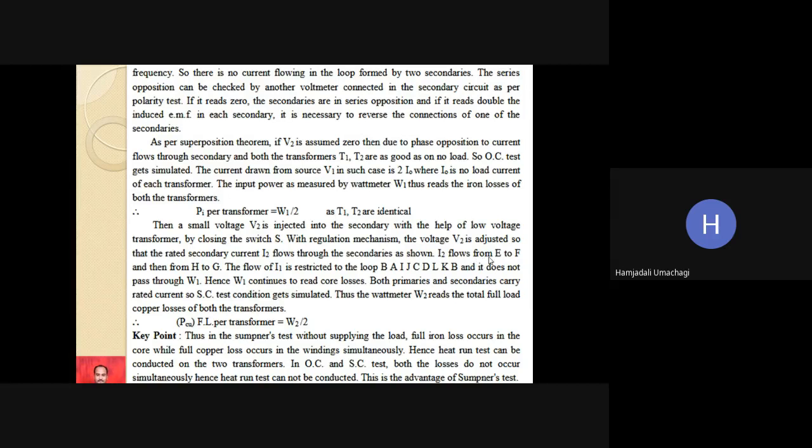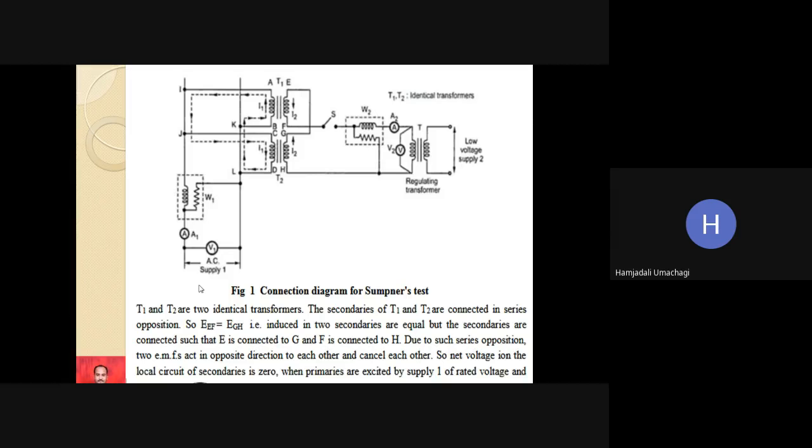Then I2 flows from E to F and then from H to G. The flow of current I1 is restricted to the loop B A I J C D L K B, and it does not pass through W1. So it means that current I2 will follow the path E F H G, that is the short circuit current.